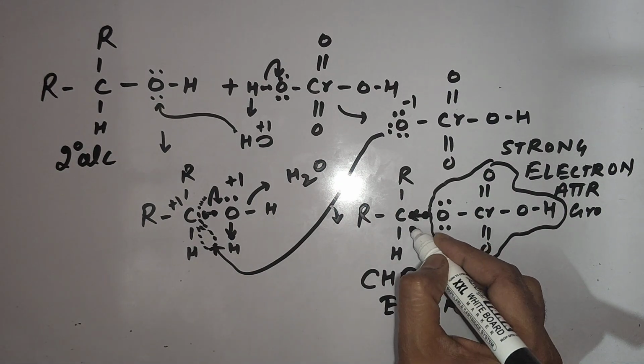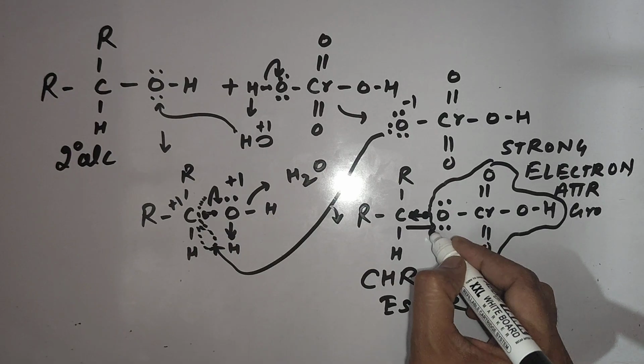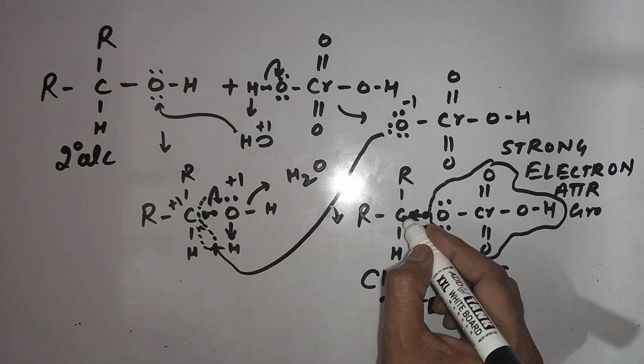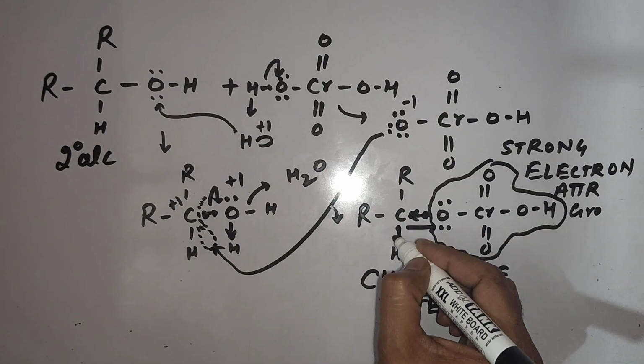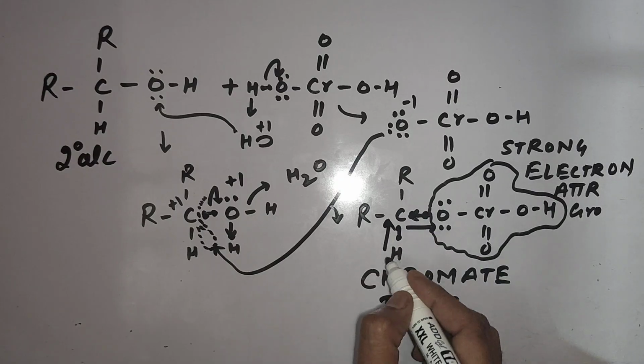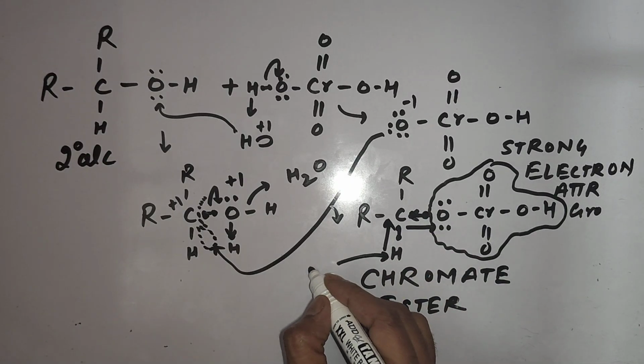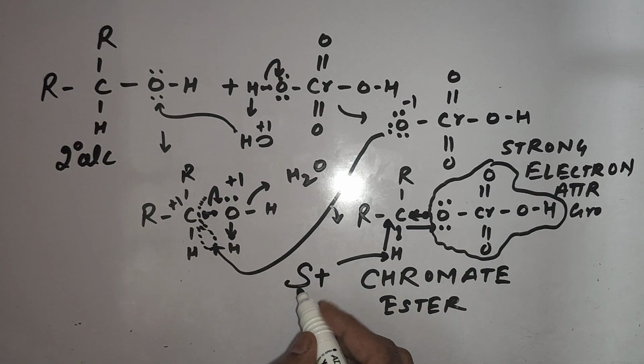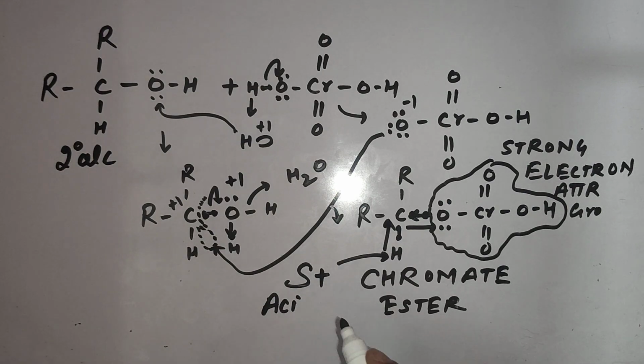These electrons are strongly shifted toward this side. That's why this carbon will start attracting electrons strongly from its hydrogen, due to which this hydrogen will become highly positive, means acidic. This is the acidic hydrogen now. This is the role of chromate ester over here.